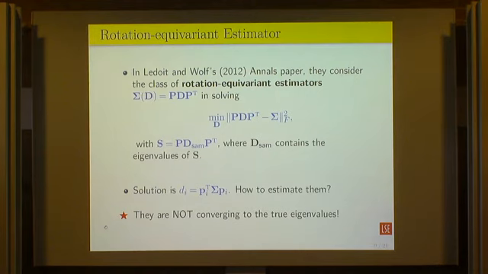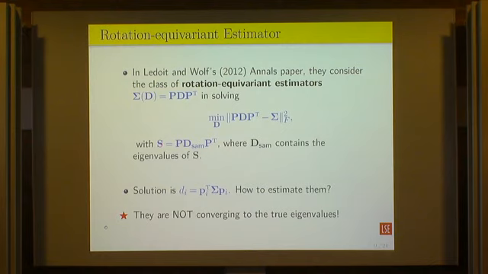In order to solve this problem, Ledoit and Wolf in their Annals paper proposed this. They propose an estimator which is a function of the original eigenvectors of the sample covariance matrix. So this P here contains all eigenvectors of the sample covariance matrix, and we don't change them.